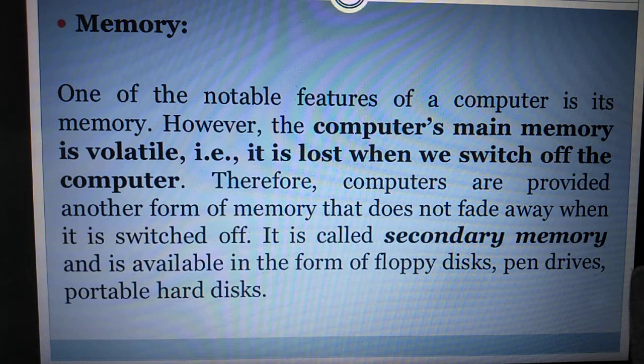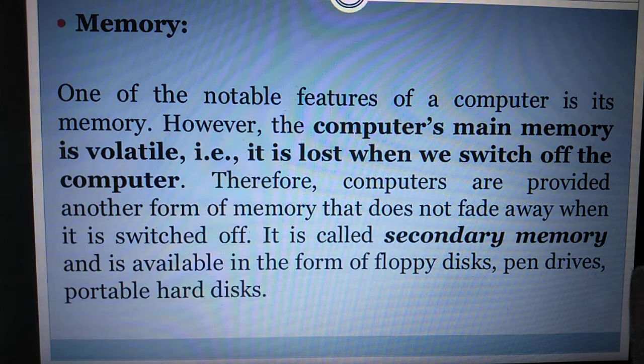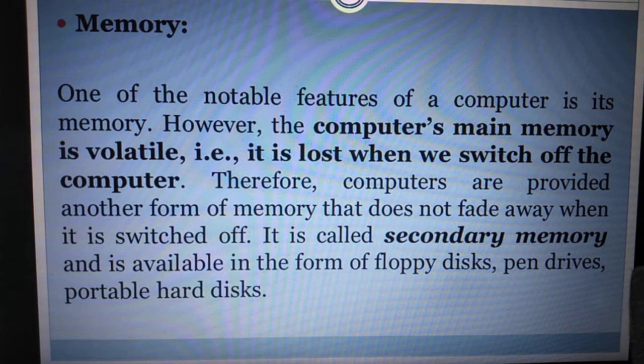So these kinds of secondary memories are your floppy disk, pen drives, hard disk, etc. Depending upon the work or the data to be stored, we can increase the secondary memory of the computer as per our requirement.